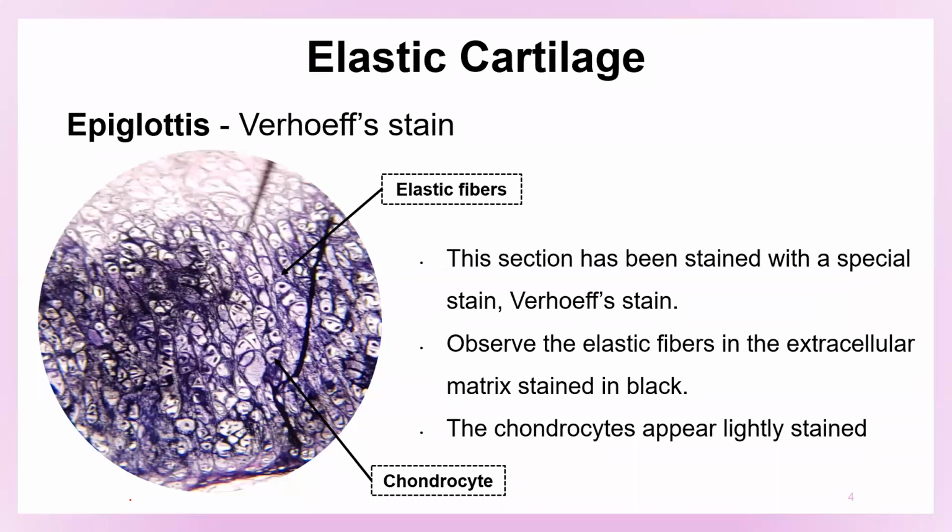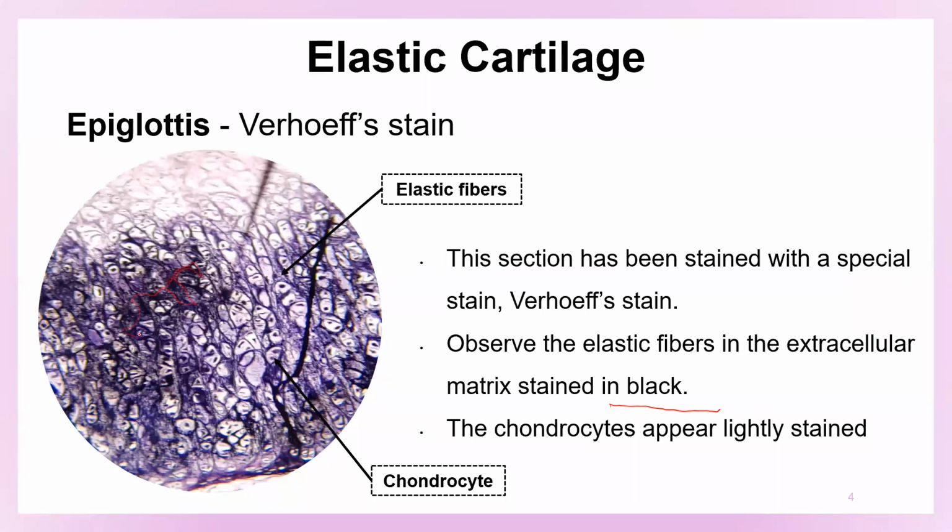So this section has been stained with a special stain so that you can see the elastic fibers, which have been stained in black. All these areas in black are the elastic fibers.